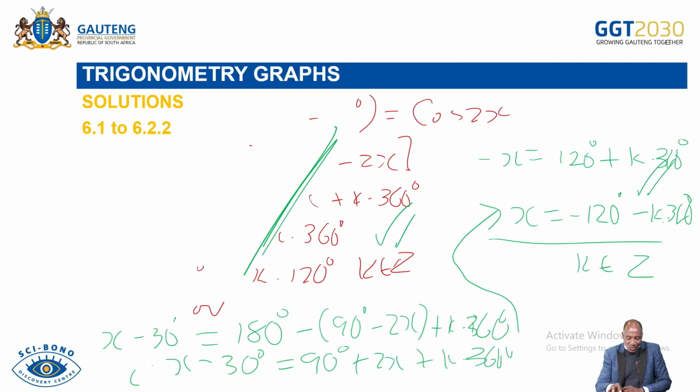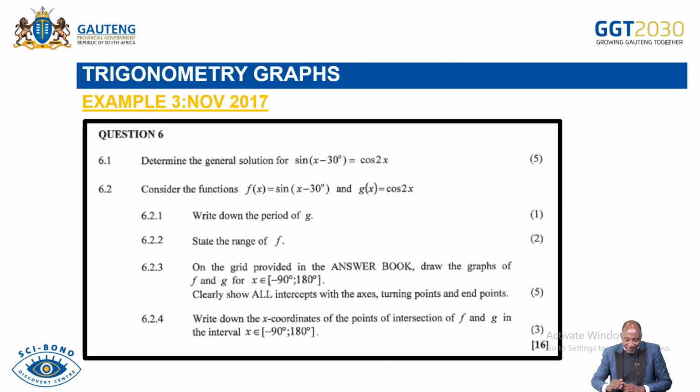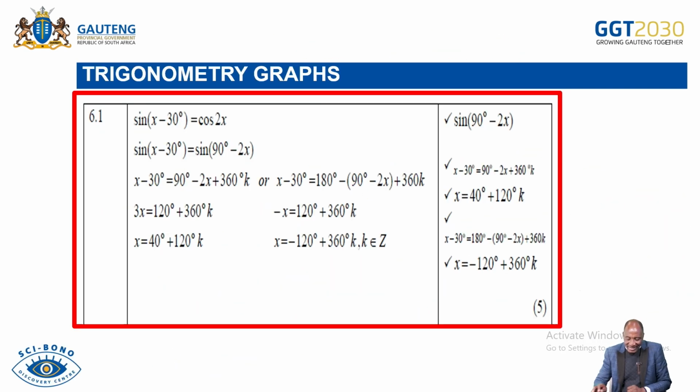Right, that's how you could have attempted this first part of the question, which says find the general solution for 5 marks. I hope you got that correctly. Then let's have a look at how the marks were allocated here.